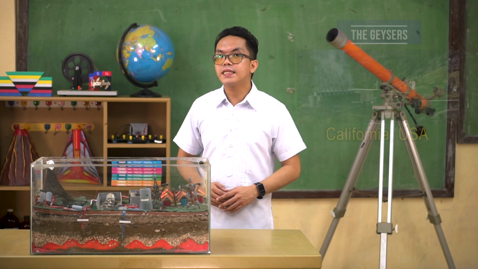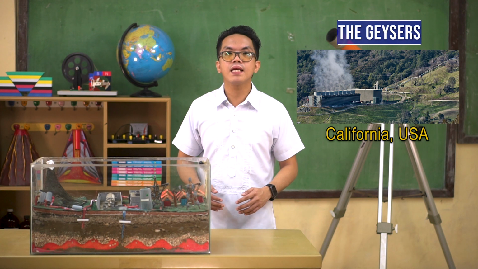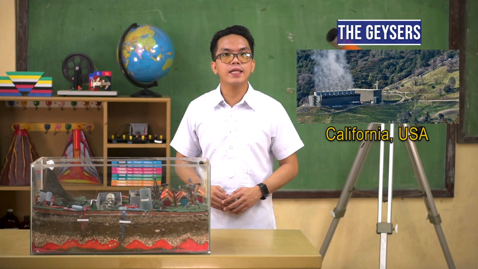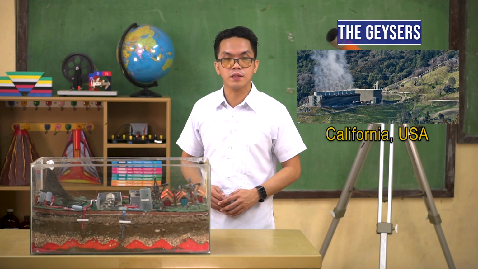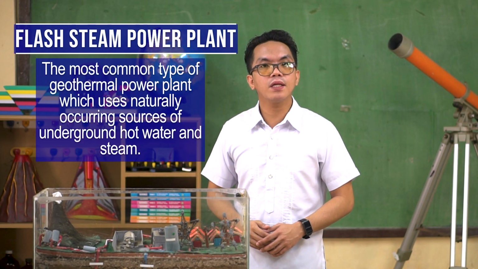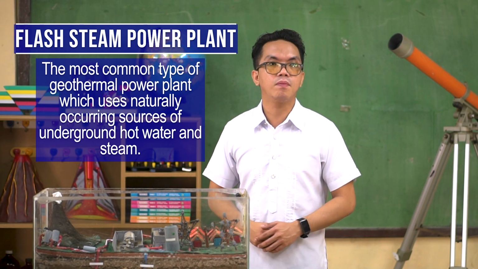In the US, The Geysers is the only place where a dry steam power plant is in use. It is one of the largest geothermal energy complexes in the world. The most common type of geothermal power plant is the flash steam power plant, which uses naturally occurring sources of underground hot water and steam.